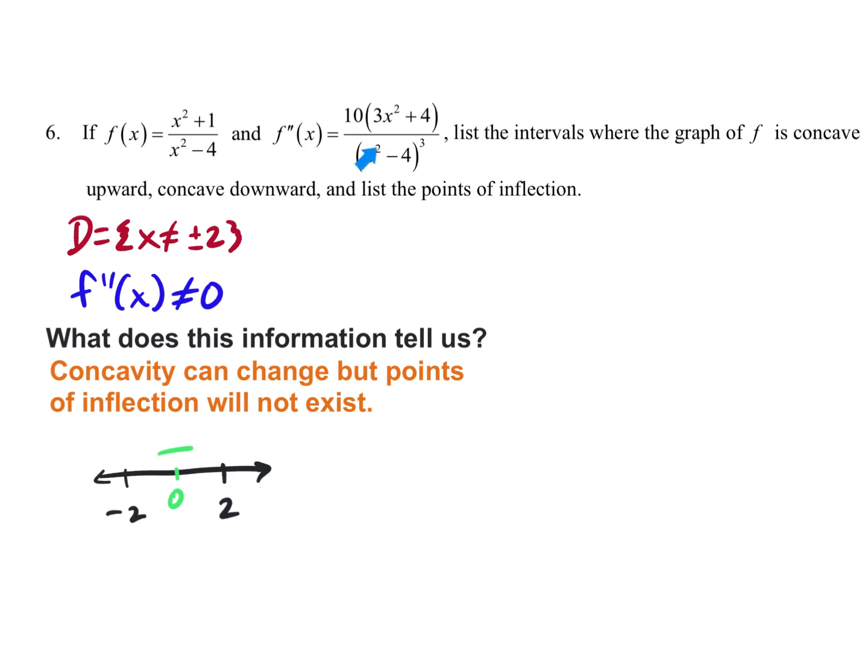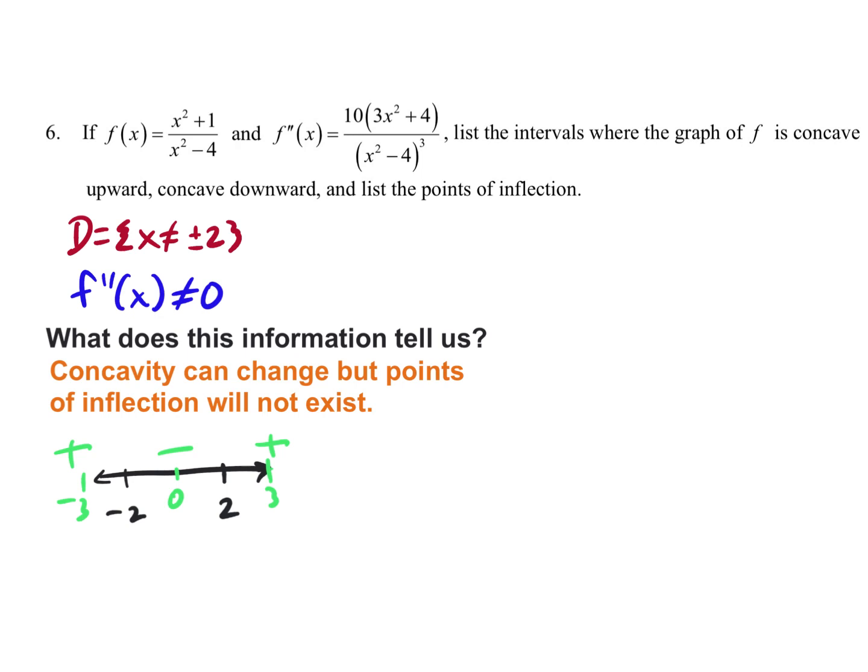Anything bigger than 2, this x squared is going to be bigger than 4, so this is going to be positive. Anything less than negative 2, it's also bigger than 4, so this is positive. We end up with positive on either side. I picked some values, but you can intuitively figure it out too: when x squared is bigger than 4, this ends up being positive, and when it's less than 4, it ends up being negative.